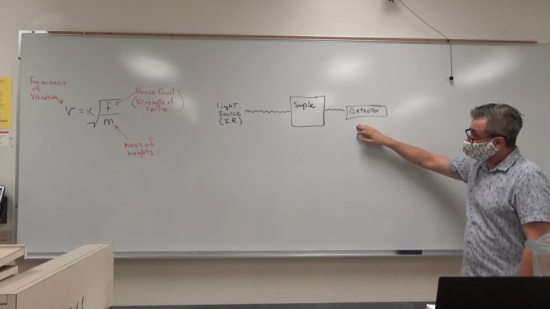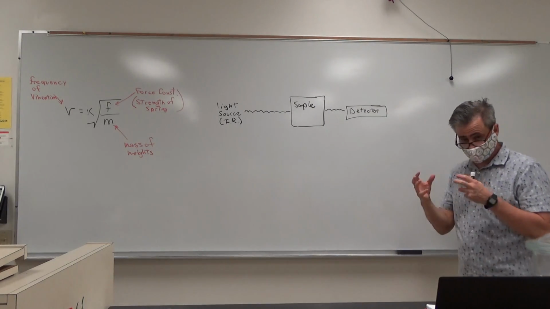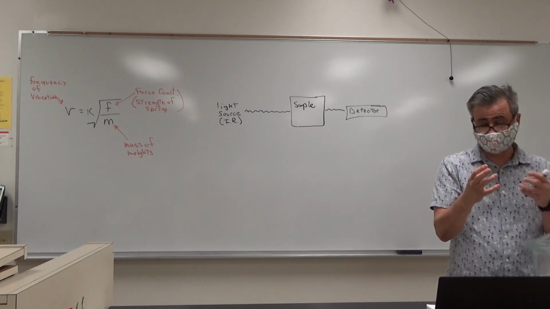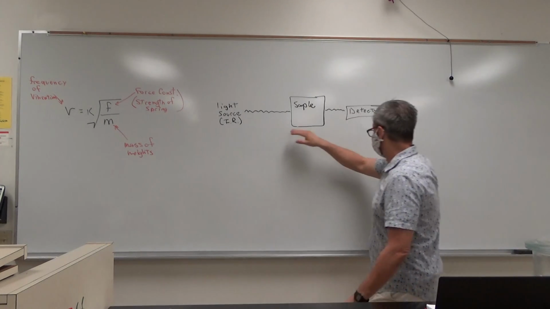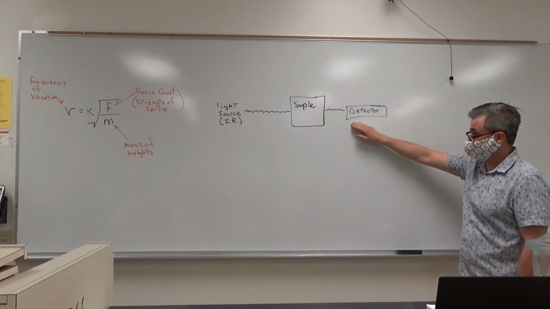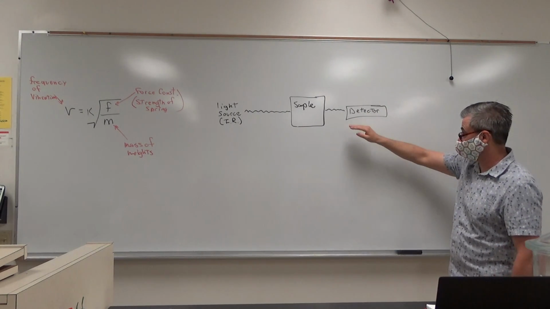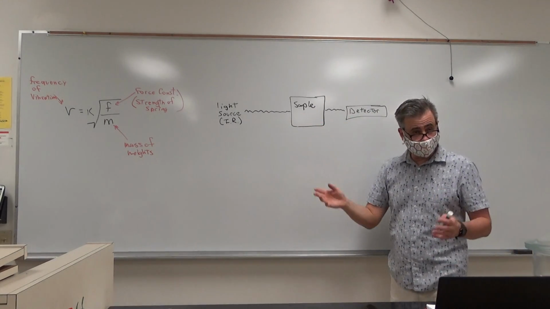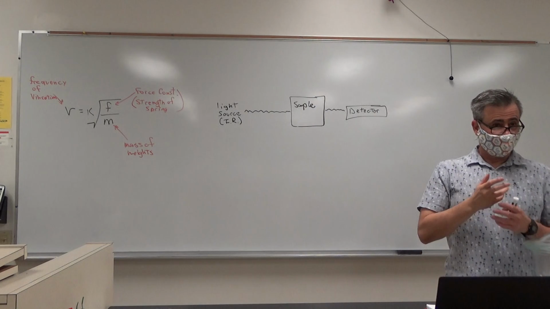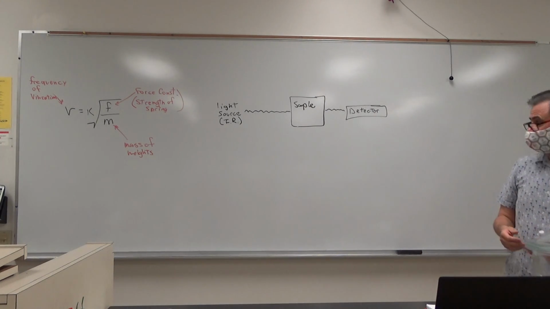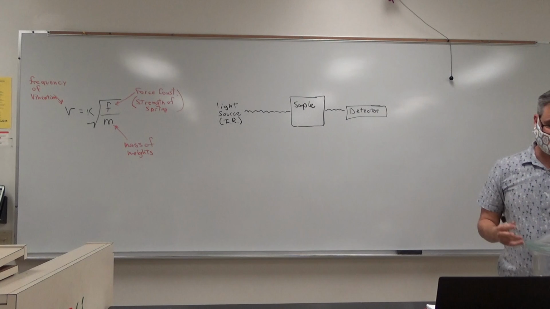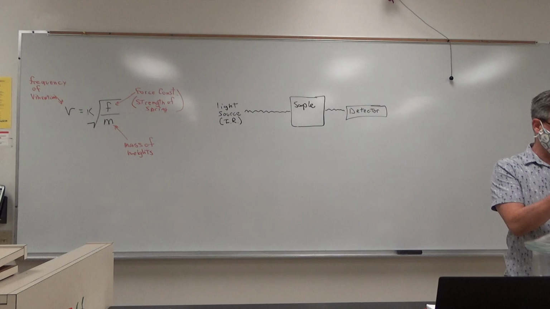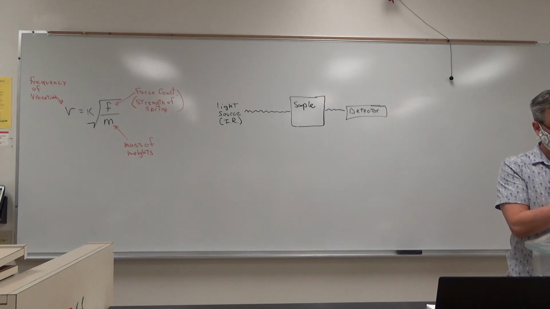If you have an idea of what type of bonds absorb at different frequencies, you can see that if at that frequency the detector doesn't pick up the light that went into the sample, it was absorbed. And so you have a suggestion, in some cases pretty good confirmation, that you have that bond in that molecule. Does that make sense?